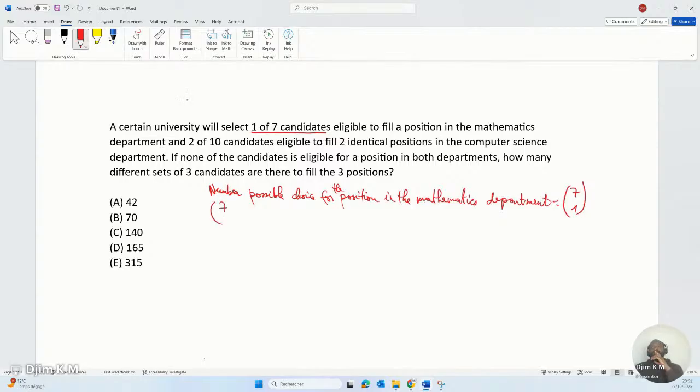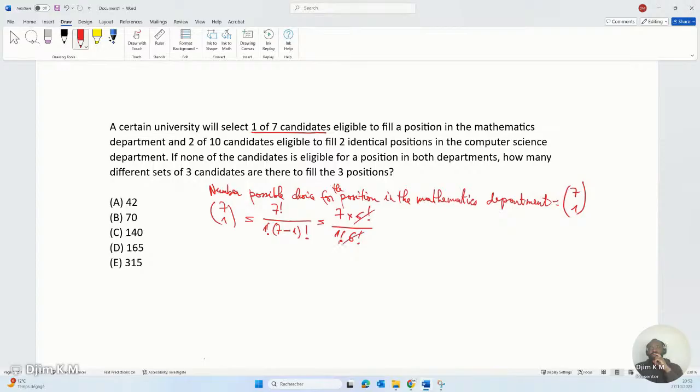So this will be one out of seven, which will give us 7 factorial over 1 factorial times 7 minus 1 factorial, which will be equal to 7 times 6 factorial over 1 factorial times 6 factorial.